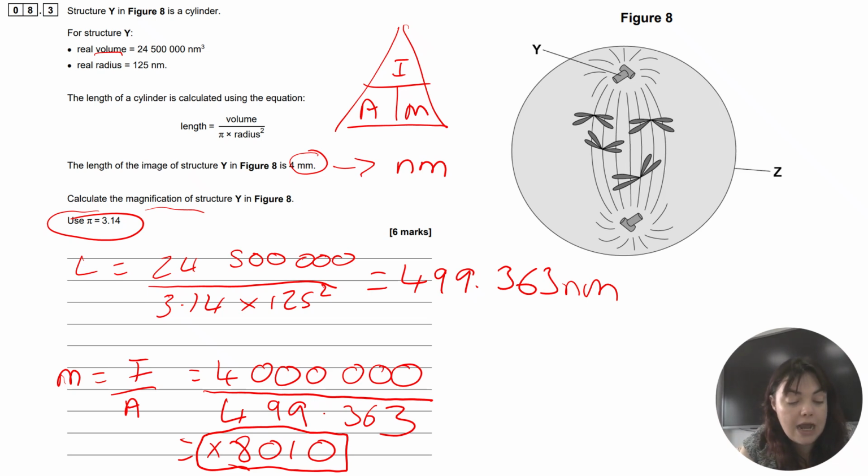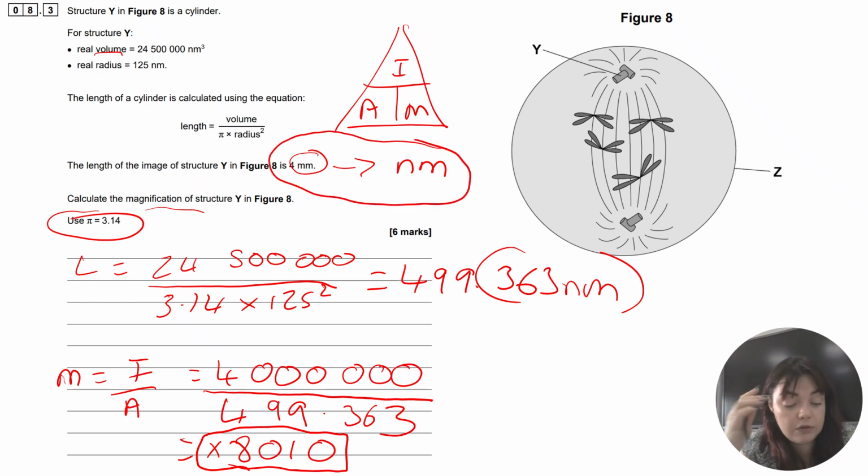Now, you may have rounded it. If you've rounded it and just said 499, you'll get 8,010. If you've not, it'll be 8,010.205, something like that. So the issue is, have you done that?